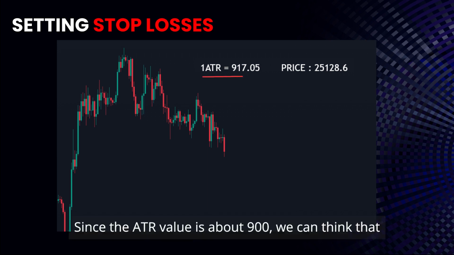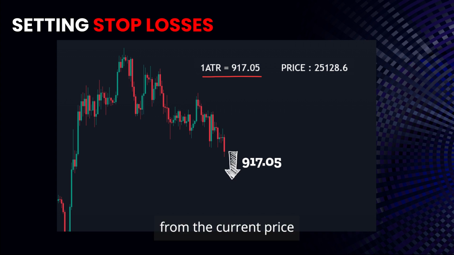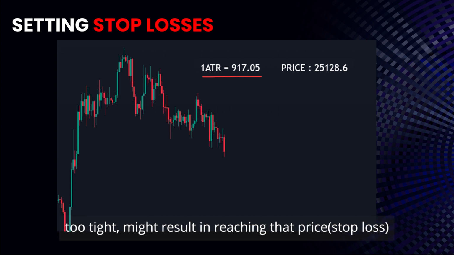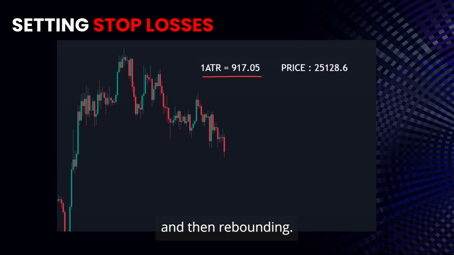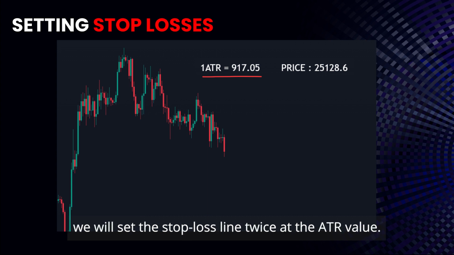Since the ATR value is about 900, we can think that the next price movement could fall by 900 from the current price. Setting the stop loss exactly at the ATR value is too tight and might result in reaching the price and then rebounding. Therefore, to set a more generous stop loss, we'll set the stop loss line at twice the ATR value.